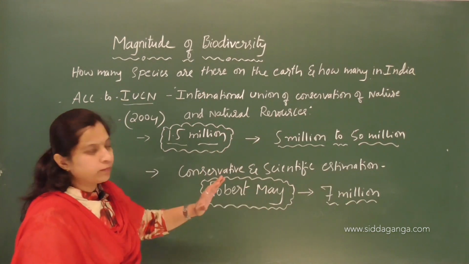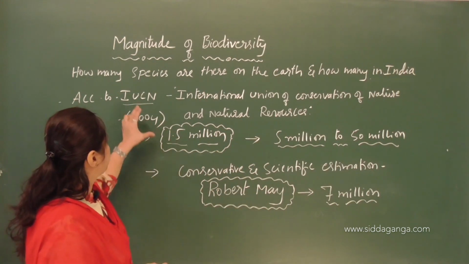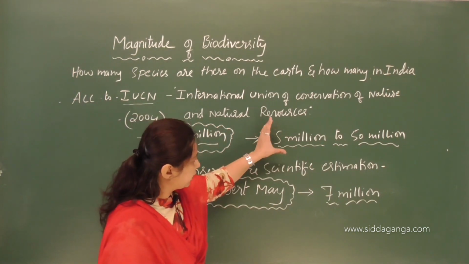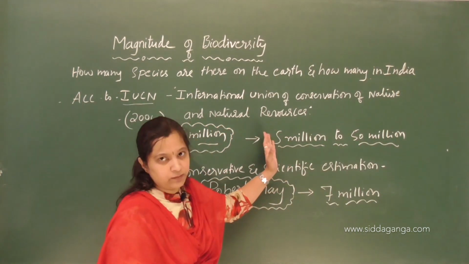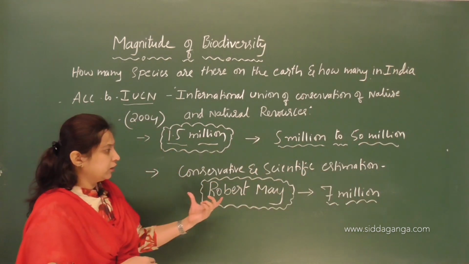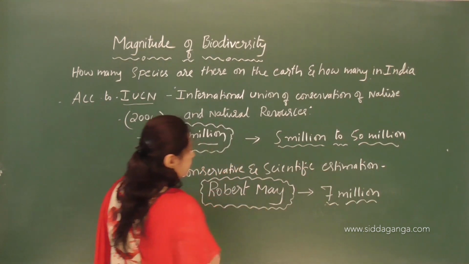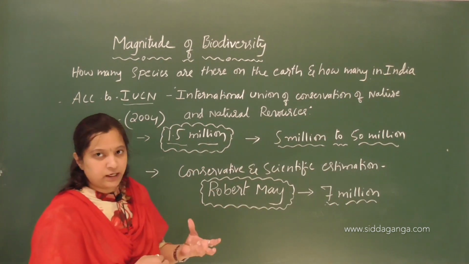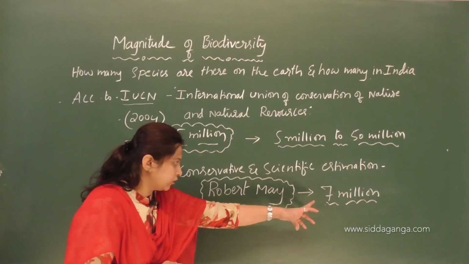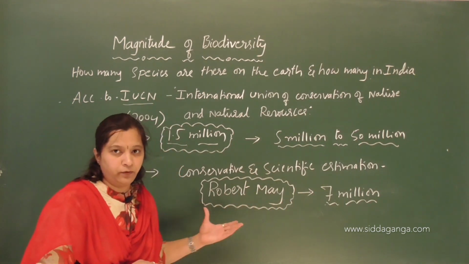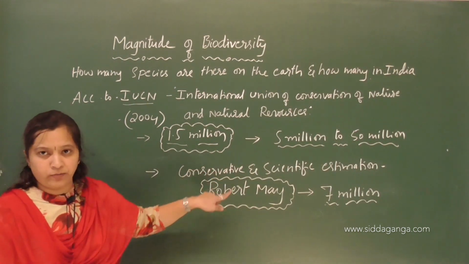You have to remember all the things: the number given by IUCN, the number between 5 million to 50 million given by some other scientists, and the number 7 million for global species diversity, which was given by Robert May. All these things you have to remember.